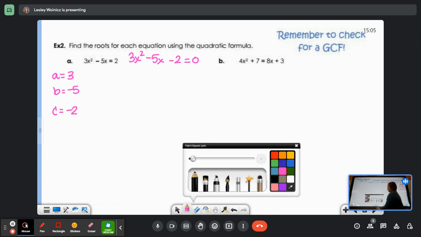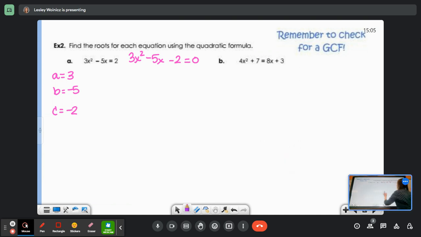Okay, now we get to plug them in. X equals, here, I forgot to give you something. Equals the opposite of our b. If our b is already negative, what is the opposite of a negative b? A positive 5. Okay, plus or minus a great big square root.